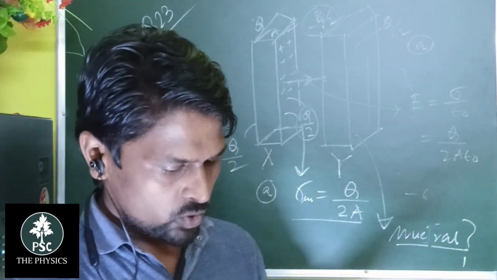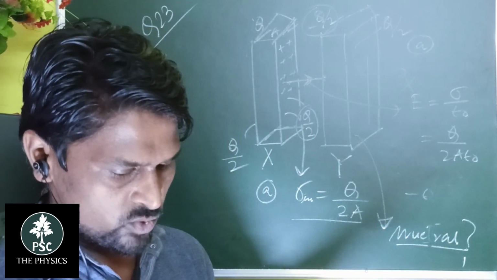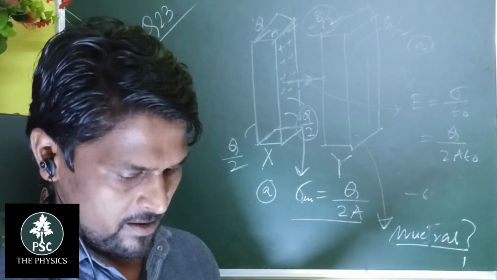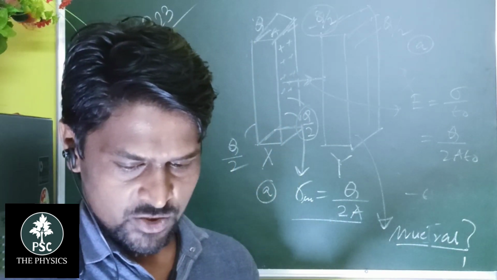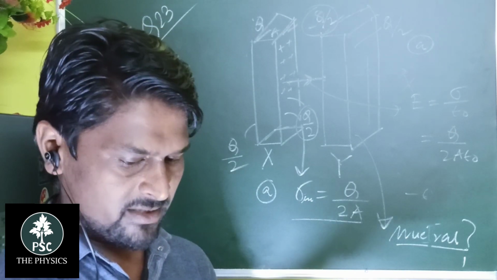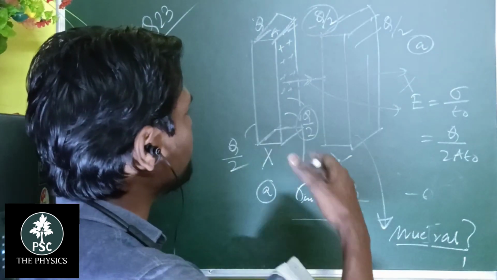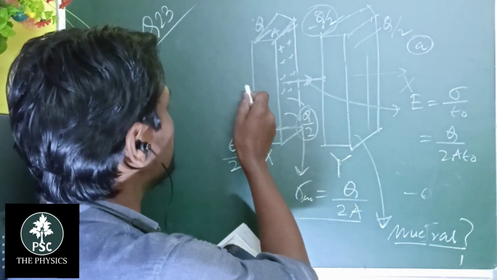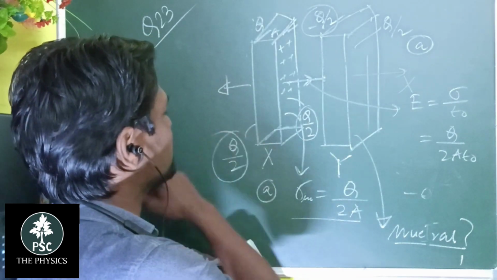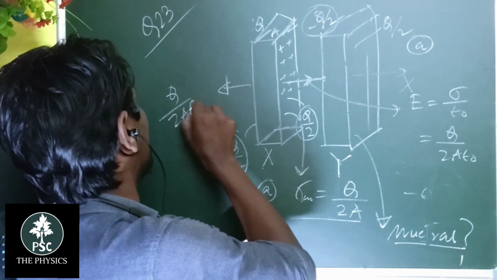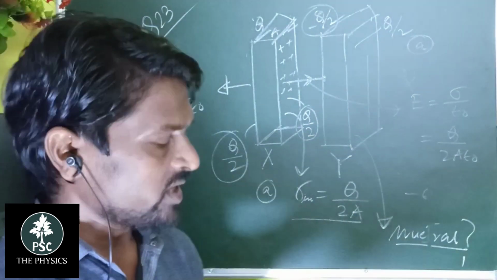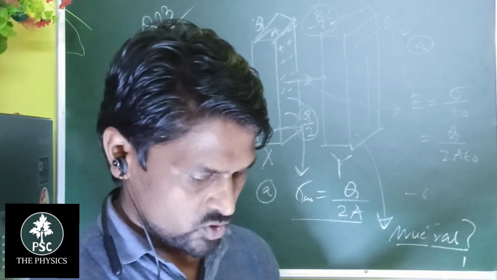Okay, so that is the electric field at a point to the left of the plate. To the right of the plate, it is this one. On the left of this, the amount of charge is the same, so it is Q by 2A epsilon naught. So this is the answer.